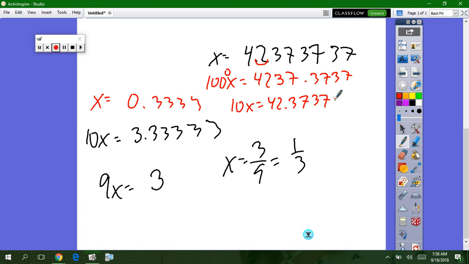So 4237 minus 42 is, what is that? 4,195 equals, that minus that is 990x. See how that works? I can always get it into a decimal, I mean a fraction. That's the reason why it works. It's anything that can be written as a fraction.